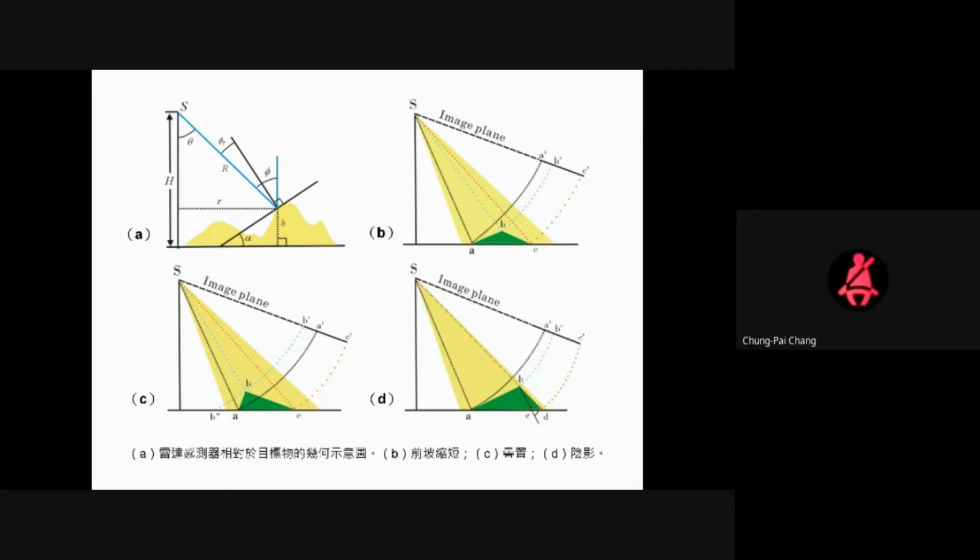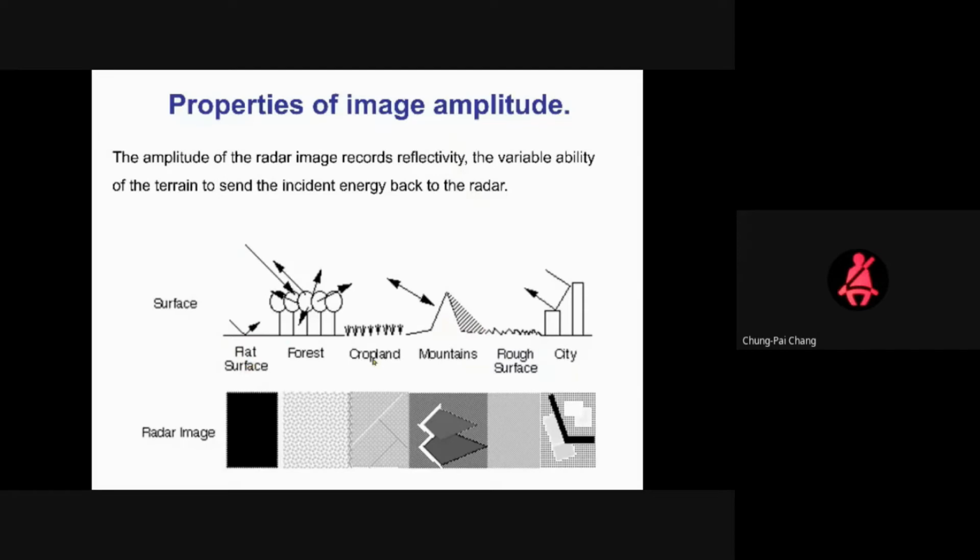So let's continue. You can see this mountain, in terms of geometry, is symmetric, but because the image is acquired along the range by using the returning timing, the phase facing the satellite, this slope, will normally be shorter.